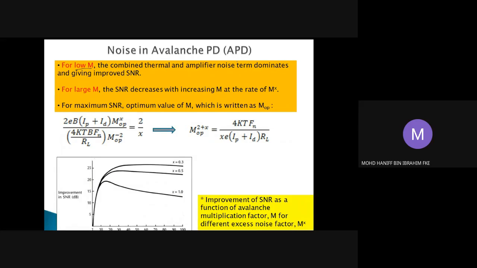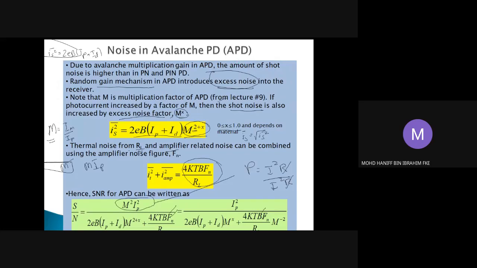Because based on this equation, if M is small, the first terms can be ignored, but the second terms here will dominate because this is over M squared. So when M is small, this value will dominate as compared to the first terms of the shot noise current.